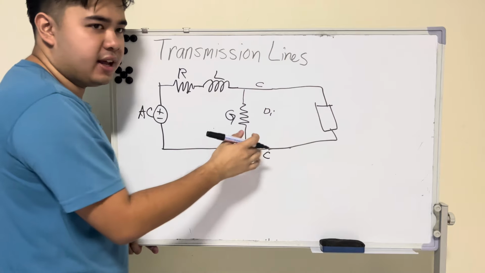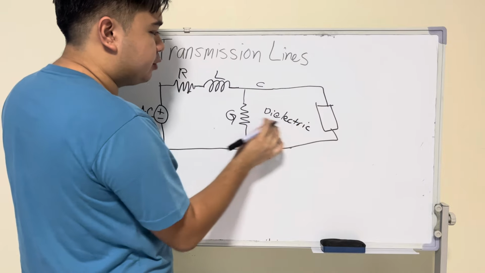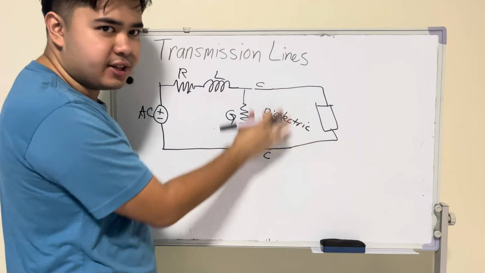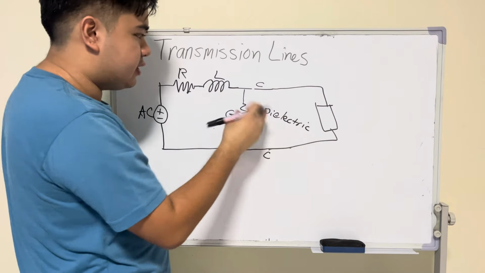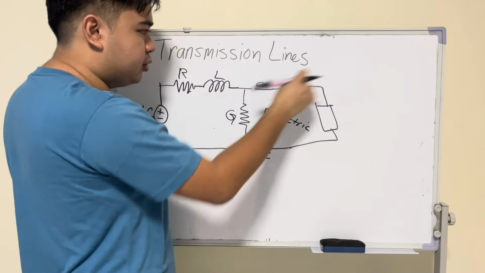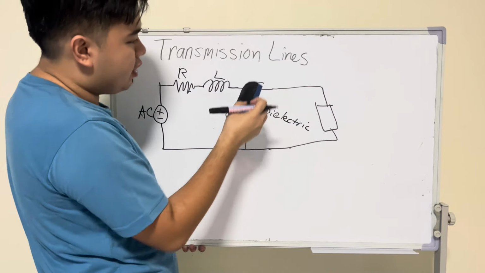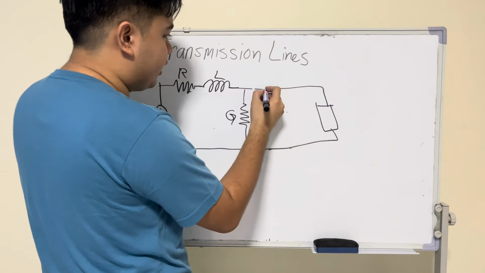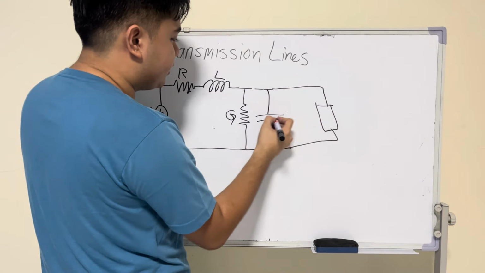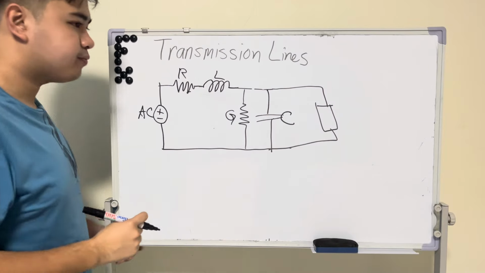And by the way, the word dielectric comes from two electric conductive surfaces, with the insulator between them. That's why it's called a dielectric, all right? And if you have a conductive surface, a dielectric, and another conductive surface, what we end up with is a capacitor, which we will now have C as its measure.